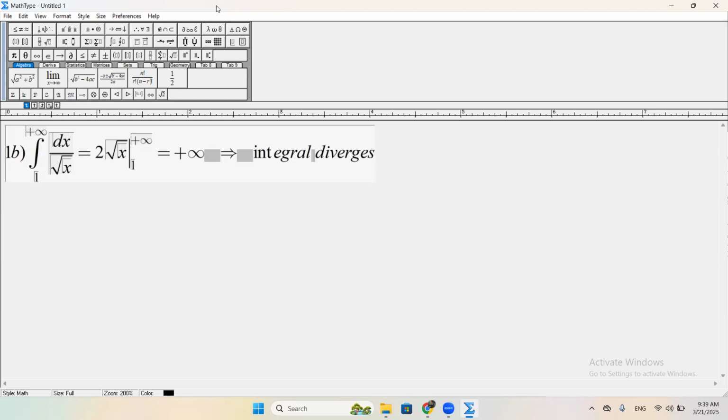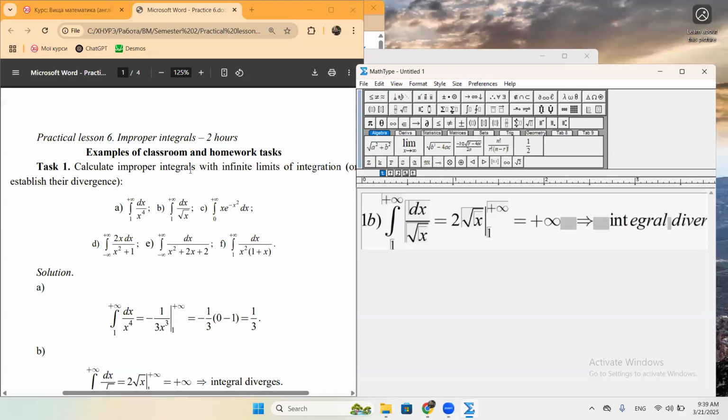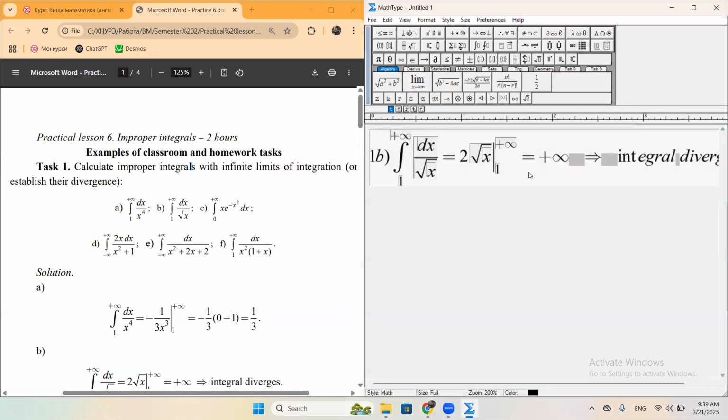In the individual task, we also need to write that the integral diverges. Yes, so you need to either calculate the integral or establish its divergence. It is a good idea to make some conclusion that you understand that this integral diverges because of infinity.